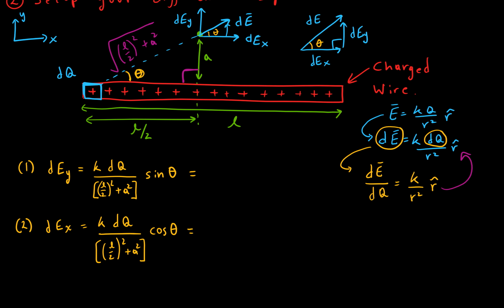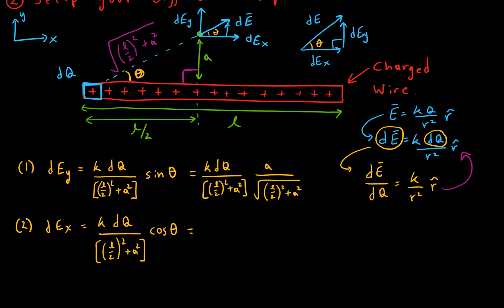Now, if I don't really know what the angle is, I just remember, what are trigonometric functions? They're just ratios of a triangle's side lengths. So now here, I'm going to rewrite this sine theta as a over the hypotenuse length. So k dq over L over 2 squared plus a squared, and then rewriting sine theta as a over the square root of L over 2 squared plus a squared.